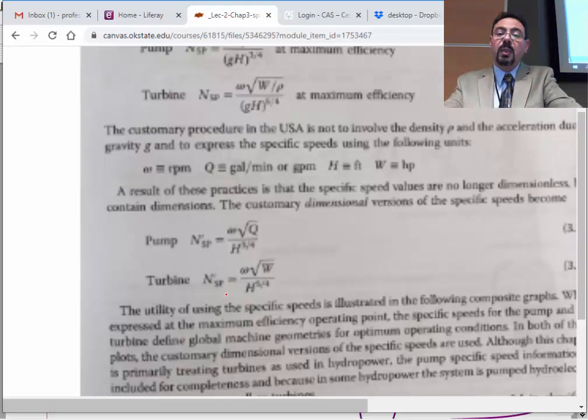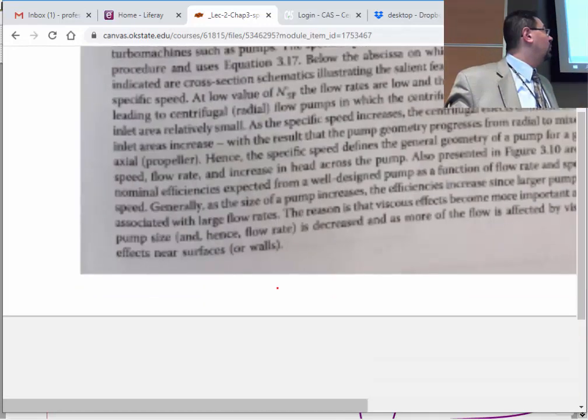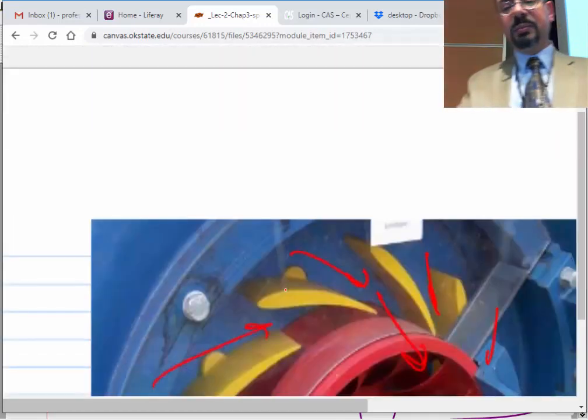So we need to have our own interpretation of that number. That number will have units, and let's not even try to figure out what this unit is, because the unit of this number will be square root of horsepower divided by feet to the power 5/4 multiplied by RPM. But the point is that number with all those units will have its own scale.